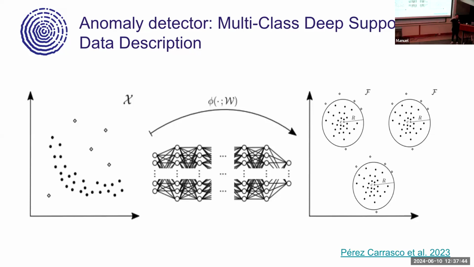For each class, we compute a centroid in that latent space. The dimensionality of this space is less than the input space. In that reduced space, we perform the separation between normal and abnormal objects. Okay, thanks a lot. Yeah, that makes sense.